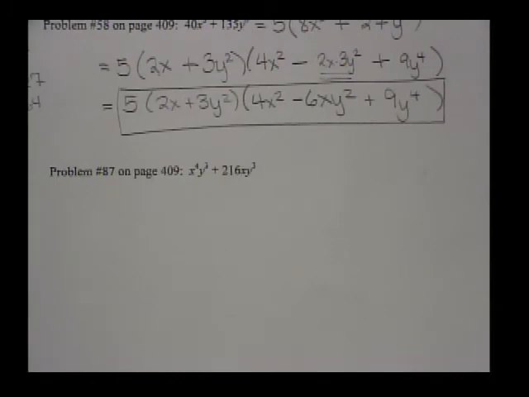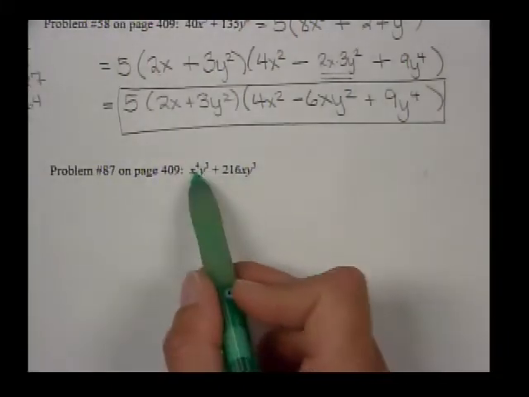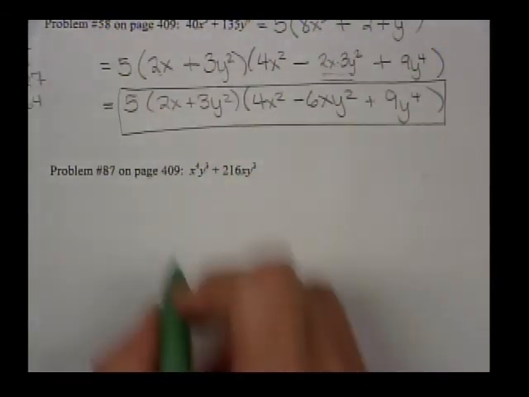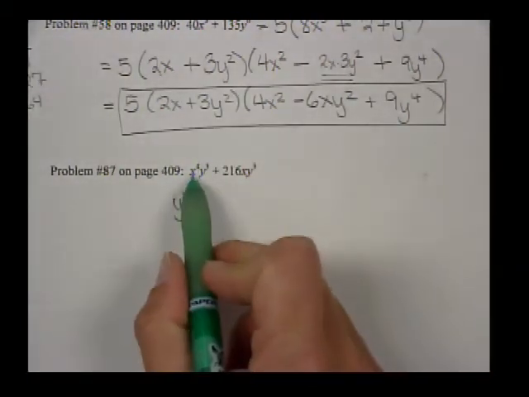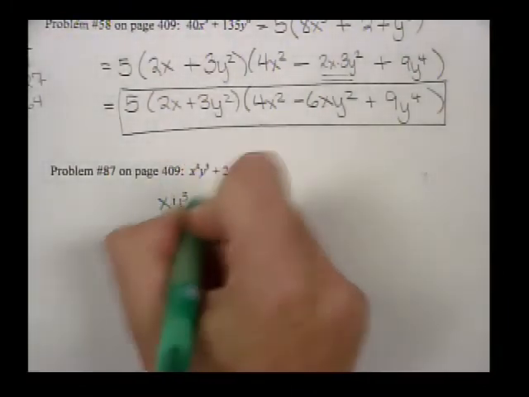Okay, and last one for the section, 87 from page 409 still. Okay, so I see some y cubes there. And actually, both terms have a y cube, so I might as well factor that out. But this one has an x, and so does that one. So I can also take out an x.